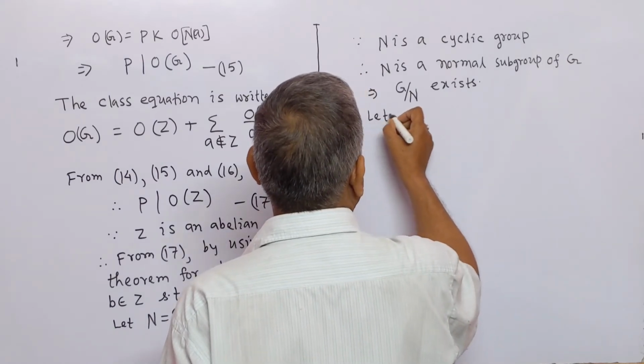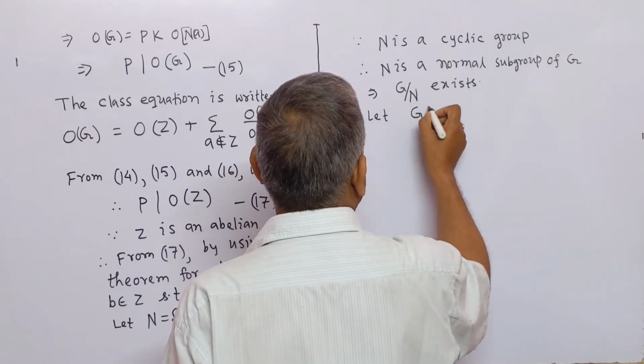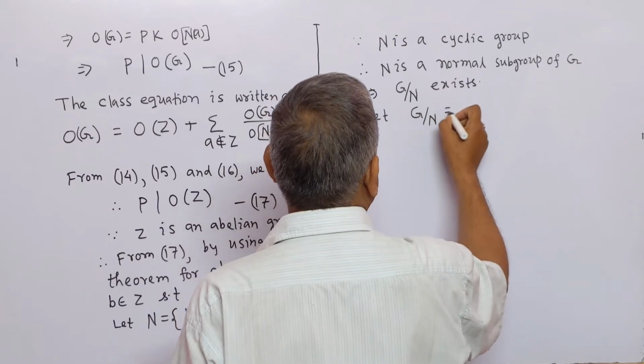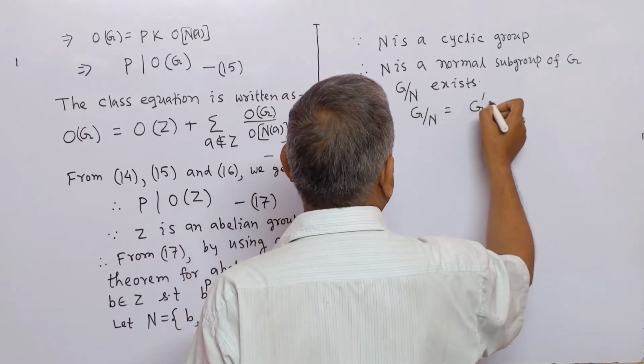Let the quotient group G by N equal G prime.